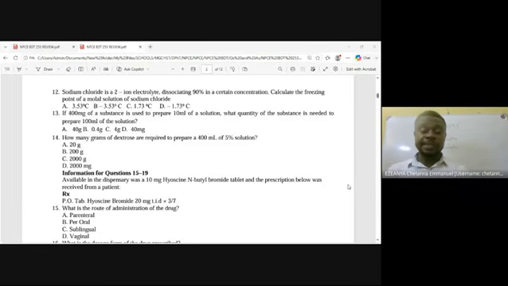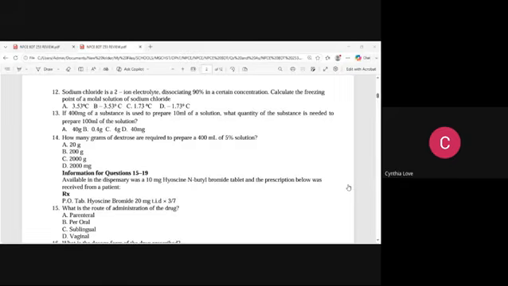Have you seen it? Yes, sir. Read. Colligative properties are the properties of a solution that depend only on the number of solute particles present in the solution, not on the nature or identity of the solute.